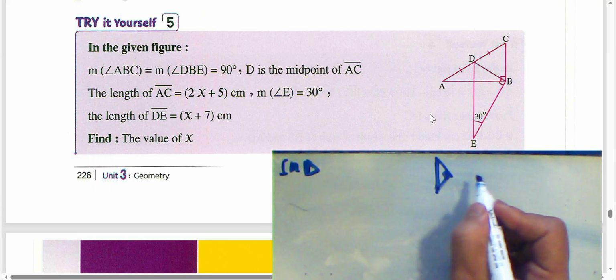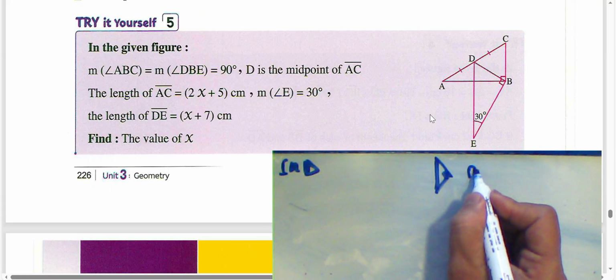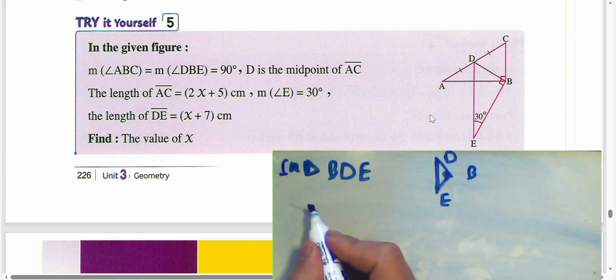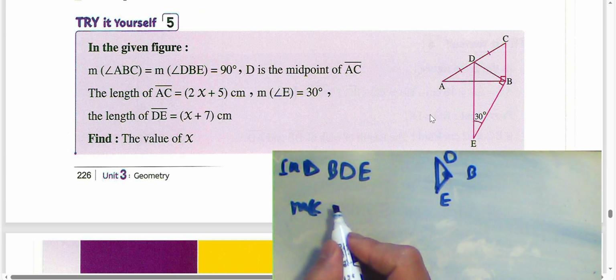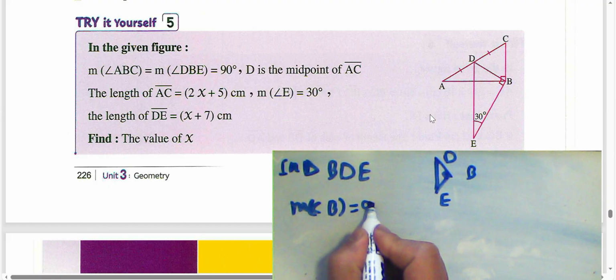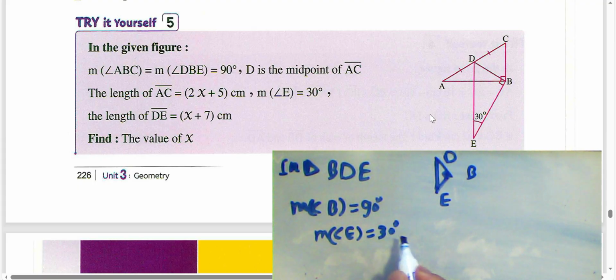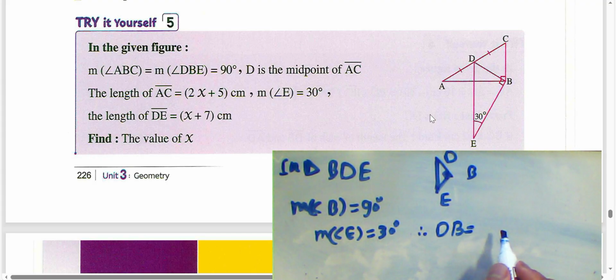In triangle BDE, the measure of angle B is 90 degrees, and the measure of angle E is 30 degrees, then DB is half of DE. Okay, DB is half of DE.